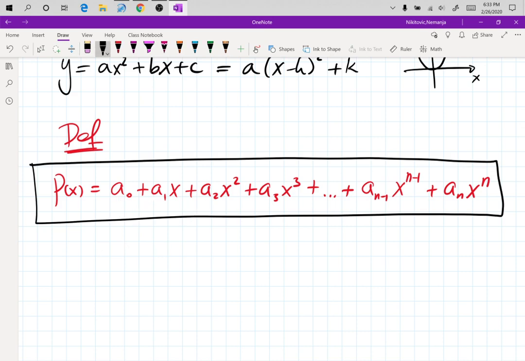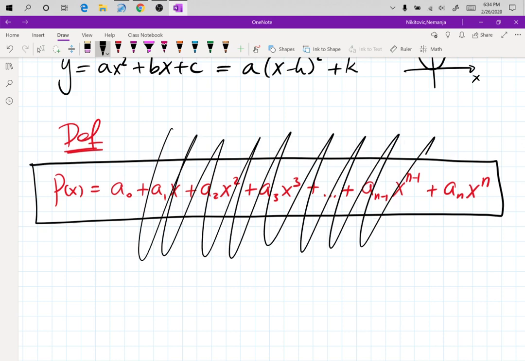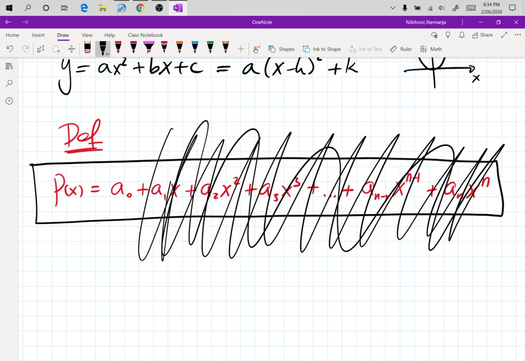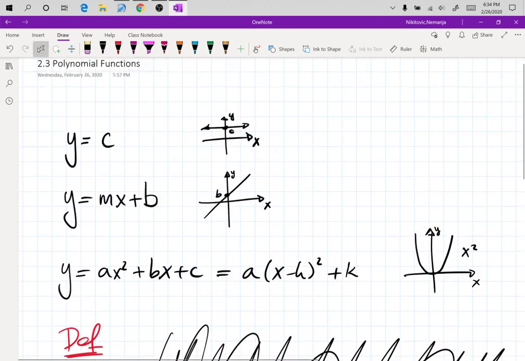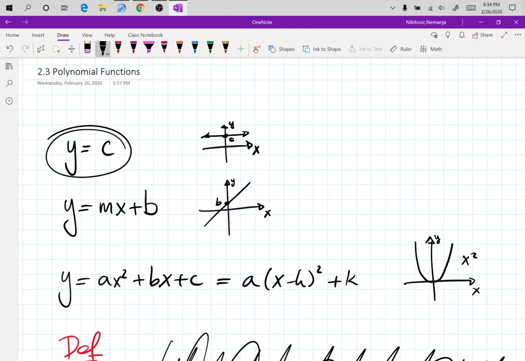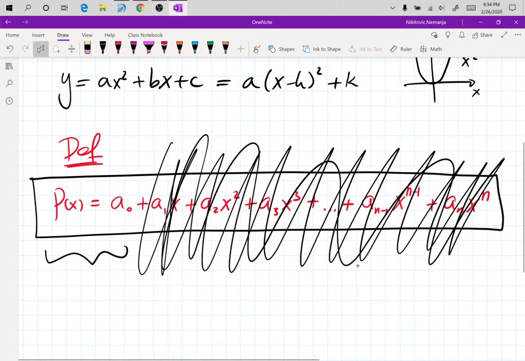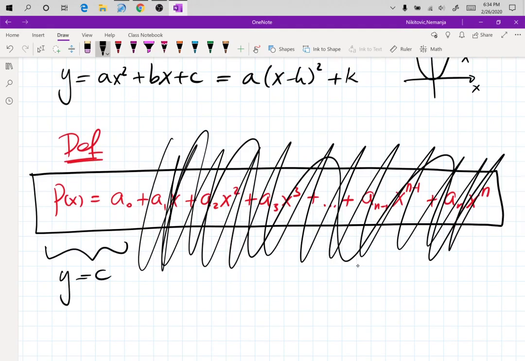So now, if I am to delete this much, if I am to kill all of this, gone. What do I have over here? I have y equals c. You see that? Because that's just y equals c.